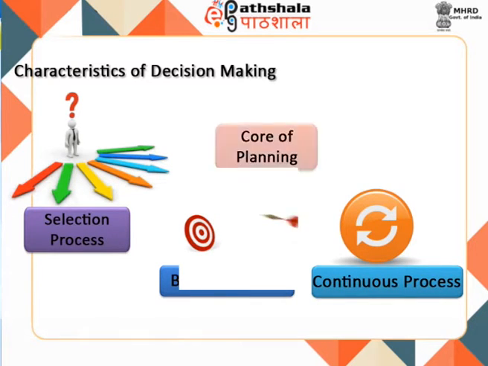Decision making is the core of planning because to plan is to determine the future course of action, which involves decision making. All the components of planning, like objectives, different policies, procedures, are the result of the decision making process.